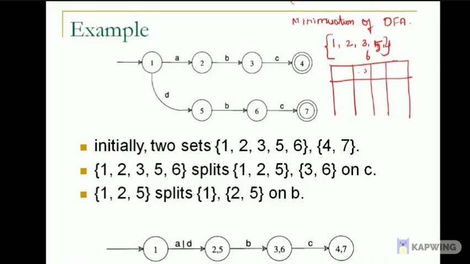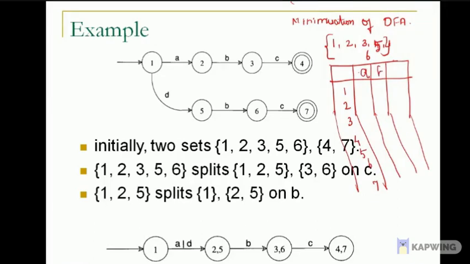Can anyone tell what are the symbols to be present in the column in the transition table? The states are 1, 2, 3, 4, 5, 6, 7. But what other symbols should be present here?